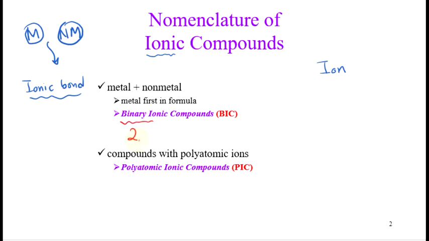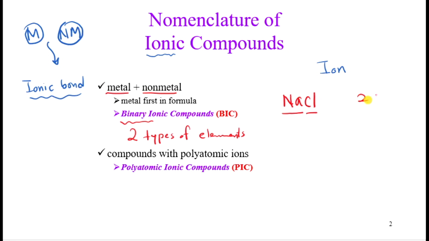Binary means two. When we have two types of elements, only two. We are going to see what that means, two types of elements. NaCl. This is one example of ionic compounds because we start with metal and we have non-metal. One sodium, one chlorine.